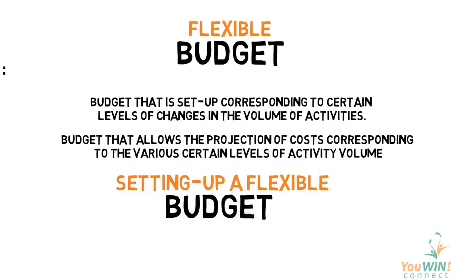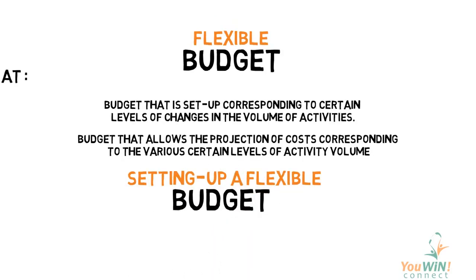Setting up a flexible budget. An illustrating example of setting up a flexible budget with different costs corresponding to the various production volumes ranging from 5,000 to 11,000 products. Variable costs remain constant per unit.